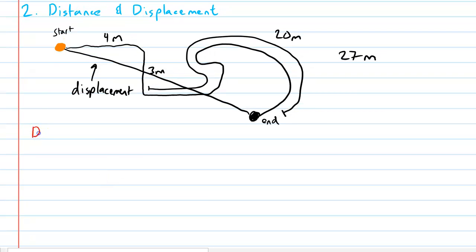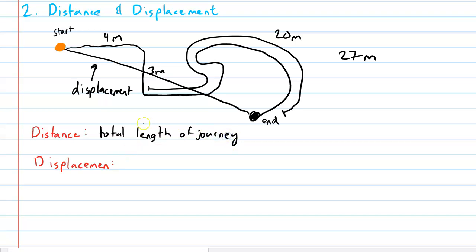So distance is the total length of the journey. Displacement only cares about where you started and where you ended. Displacement, oops, I forgot the T, is just where I started and where I finished.